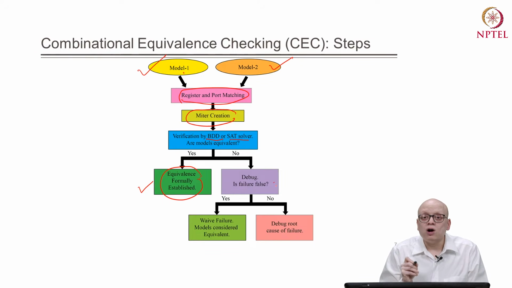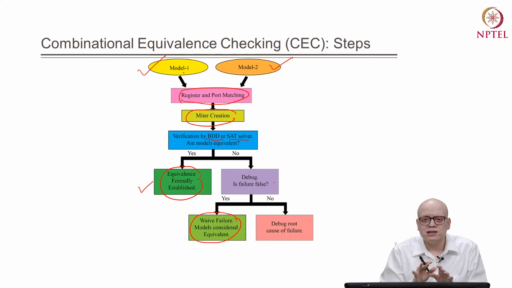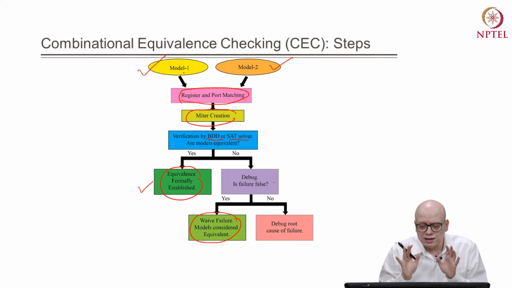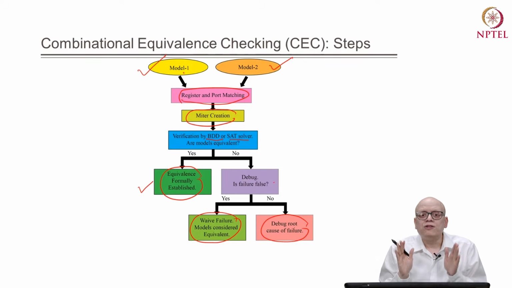If those test vectors or input stimulus are not valid input stimulus, why it can be invalid we will see later, then we can simply waive those failures and say that these failures are false failures, we need not worry about them, and the two models are still equivalent. Or in the other case, if indeed there are discrepancies between model 1 and model 2, then we need to debug the root cause and fix the problem. So, this is the framework of combinational equivalence checking.